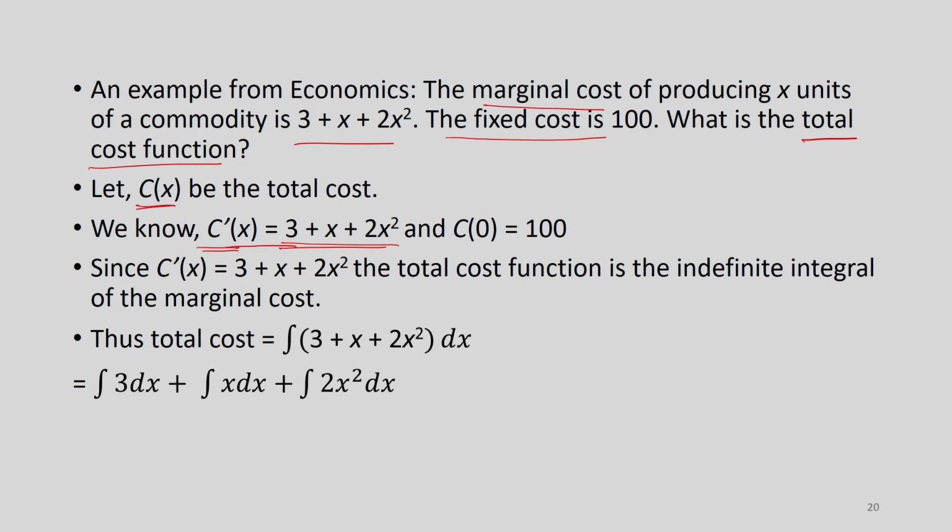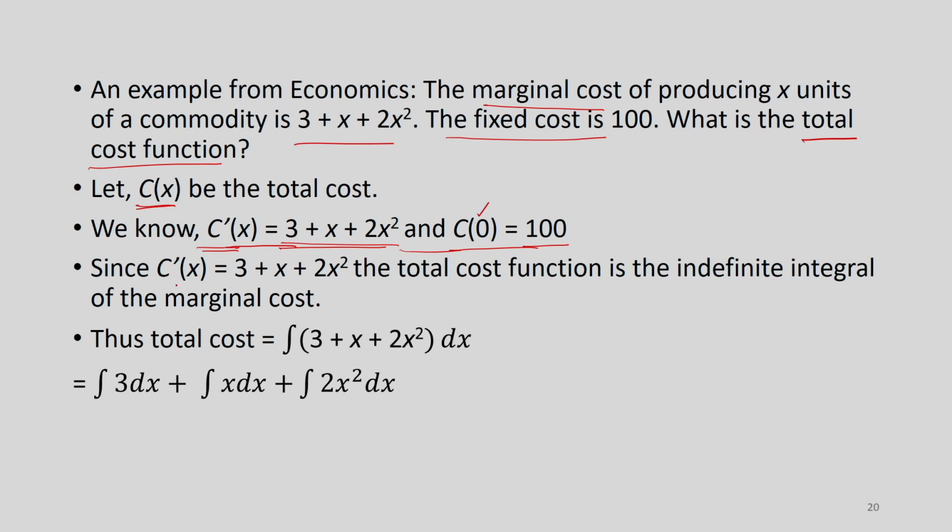What does it mean? That if the producer does not produce anything, then also he has to bear certain costs. The value of that cost is 100. In terms of our mathematical language, the cost function at 0, that is x is equal to 0, means C of 0 is equal to 100. So, these two pieces of information we know, and from them I have to find C x. So, that is the problem.